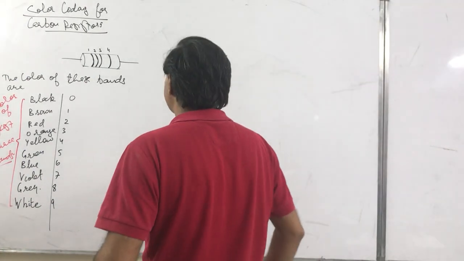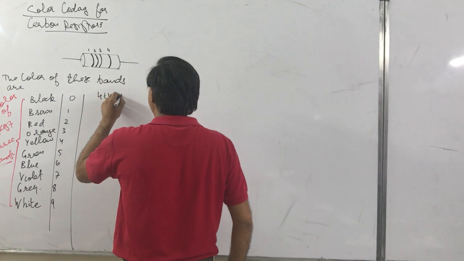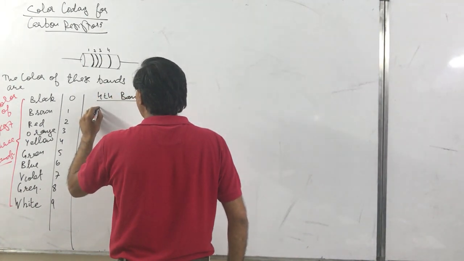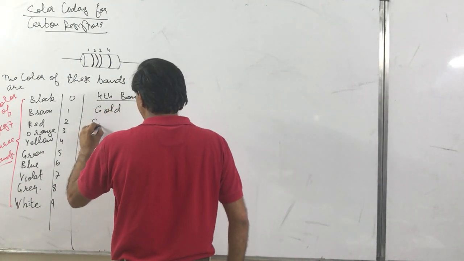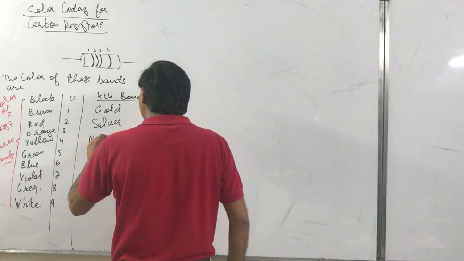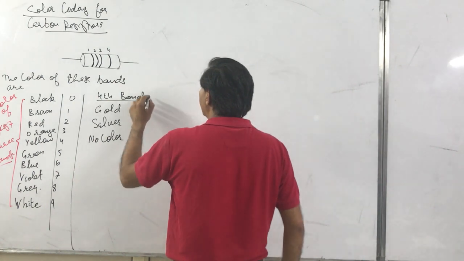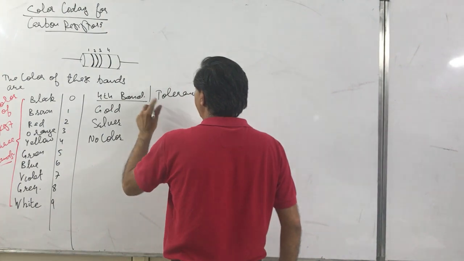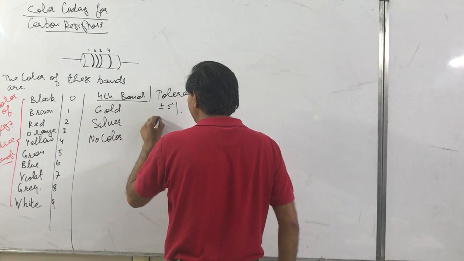The fourth band could be gold, golden in color, silver, or it would not be there at all. Gold means that this has a tolerance of plus minus 5%. Whatever the value for resistance is, it would be plus minus 5%.